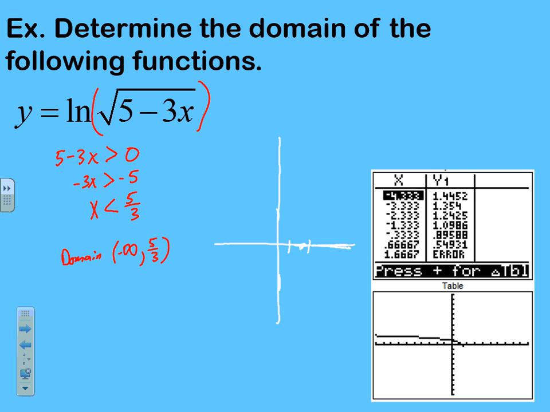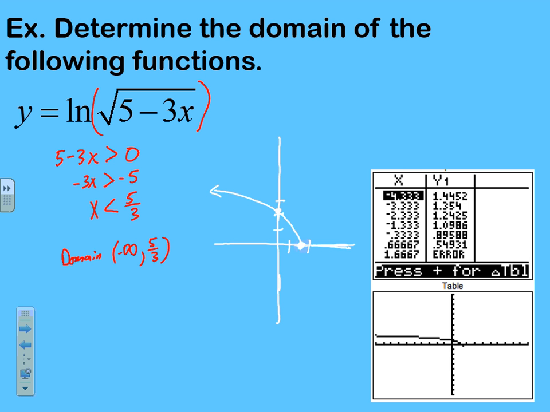So about 1 2/3 is right around here. The y-intercept of that would be about 2.2. So 1, 2, 3. So 2.2 would put me about right here. So the radical function goes like that.